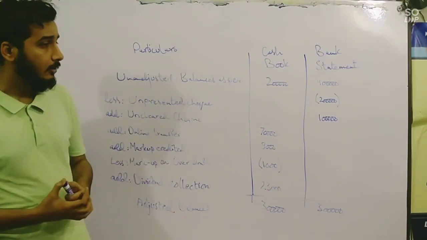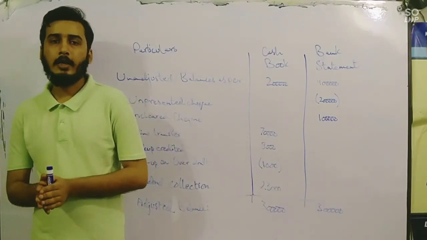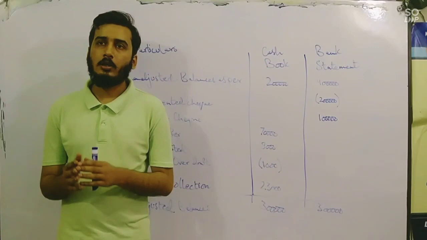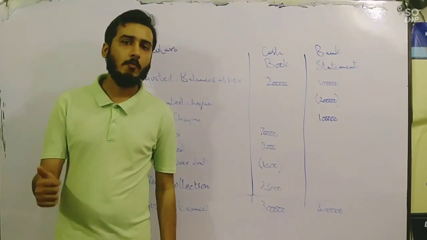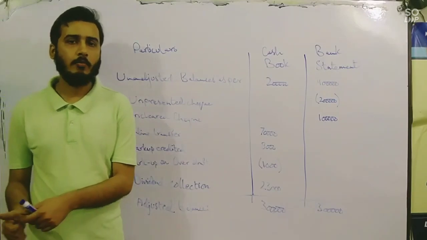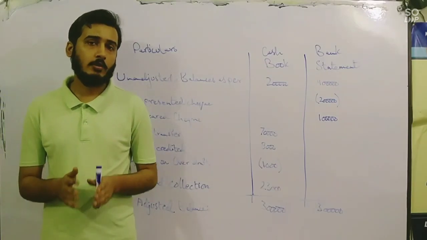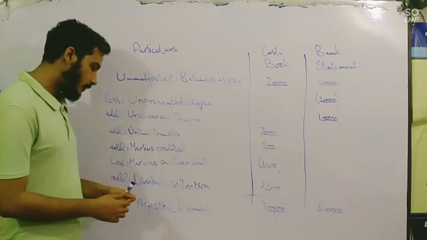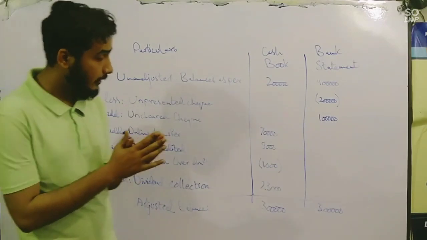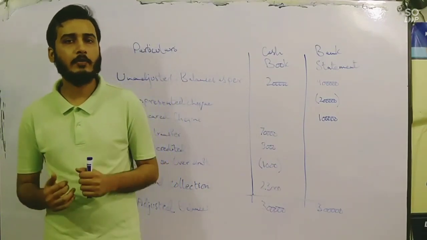Then, dividend collection. Do know one thing, that dividend collection and bills payable, these are all the standing orders which are given by the company to the bank or by any of the account holder to the bank to do some sort of works on a specified date. Therefore, my company has given the instructions to the bank to collect the dividend on behalf of the company.